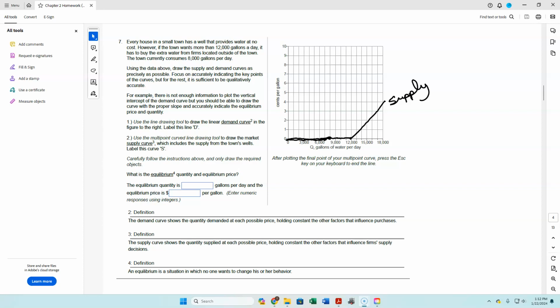The demand, on the other hand, I mean, we don't really know where the y-intercept is here. We don't even really know where the y-intercept is here. What this is really trying to focus on here is the x-intercepts.